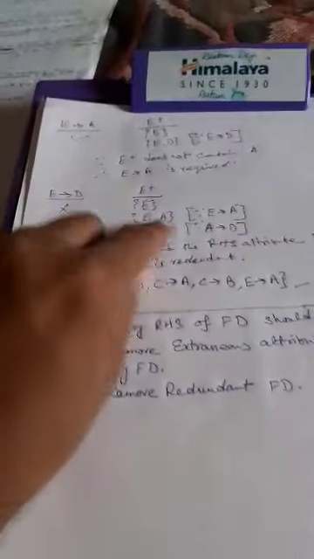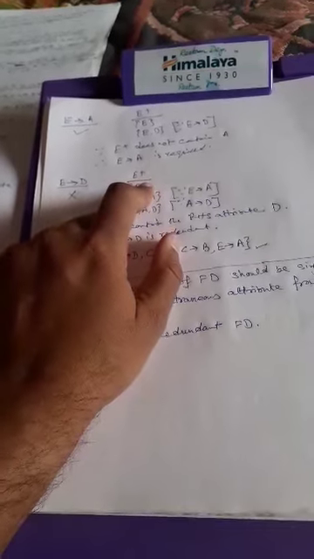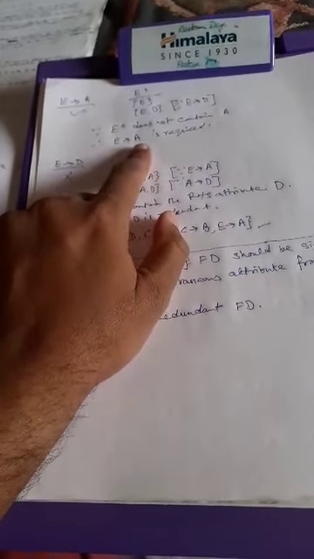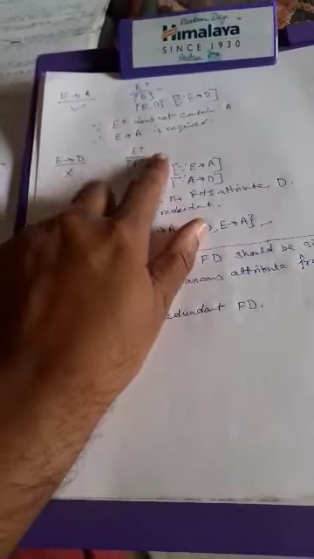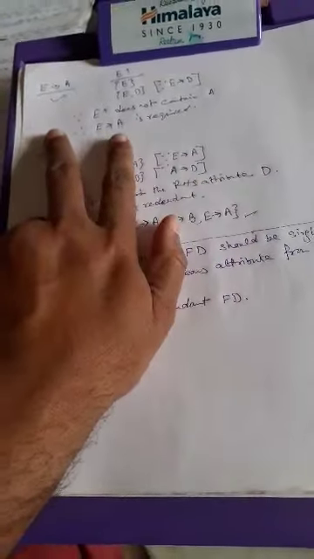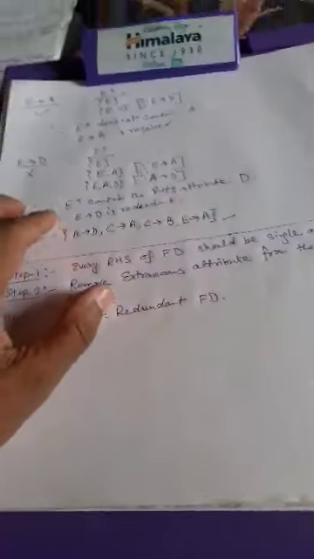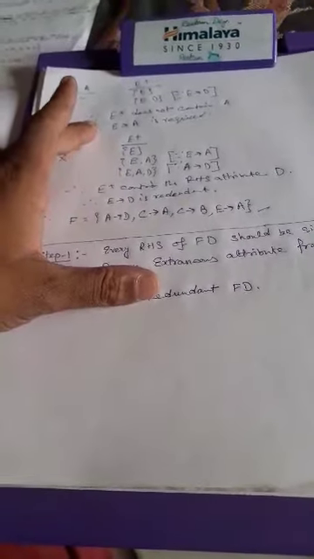Now for E arrow A, we find the E closure, and E closure consists of E and D that does not contain the right hand side attribute of the functional dependency E arrow A, that is A. So E arrow A is required.